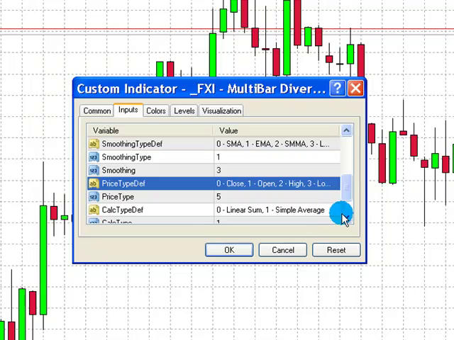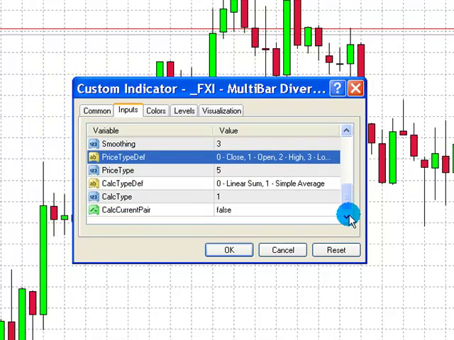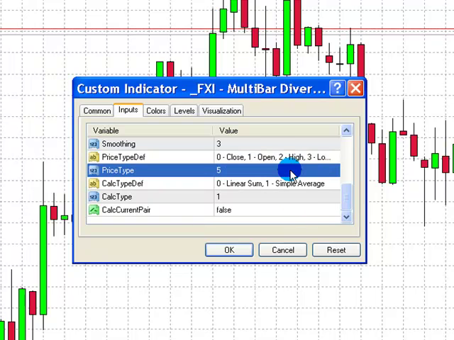Price type def describes the type of price that we can be calculating on, the high price or the low price or the close. We're going to use a 5, which is the typical price, and the typical price is the high plus the low plus the close divided by 3, so it's sort of the average price of a bar.